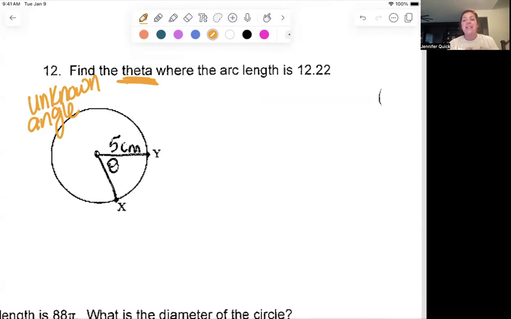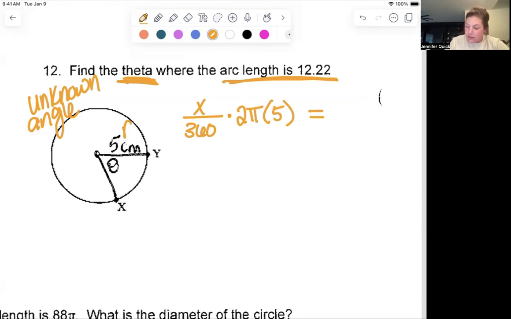We kind of sort of just did that. I'm giving you the arc length of 12.22. I'm giving you the radius of 5, and we want to find the angle measure. So what portion of the circle times 2 pi r equals 12.22? That would be your setup.